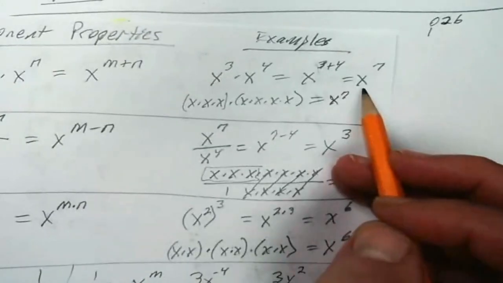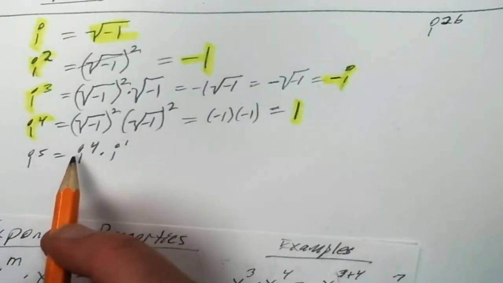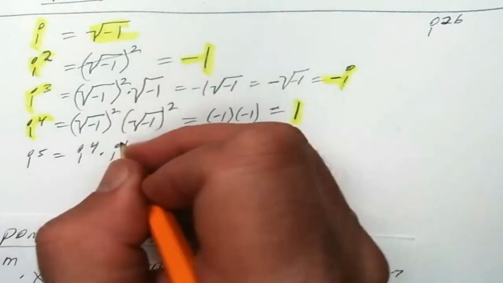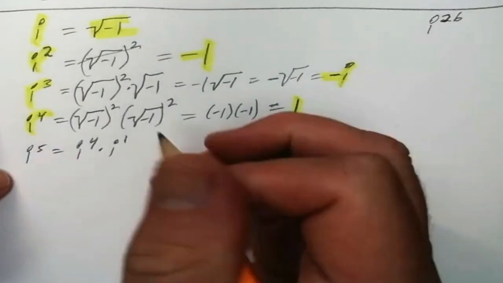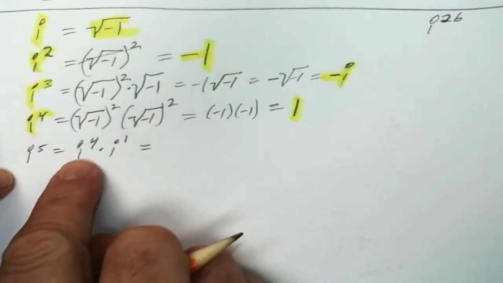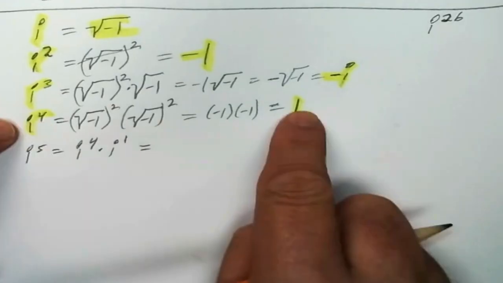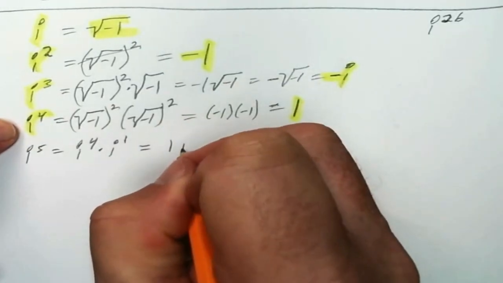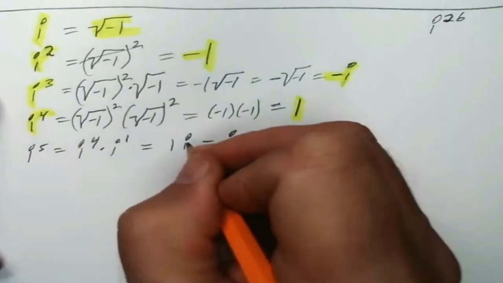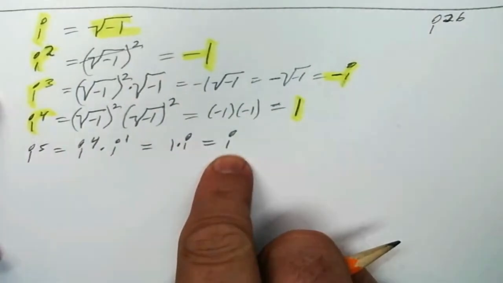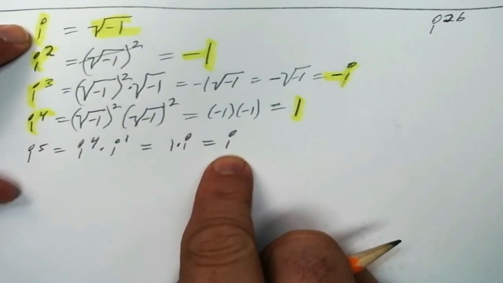Like x to the seventh is the same as x to the 3 plus 4. So x to the 5 is the same as 4 plus 1. We can break these back apart as 4 plus 1. And we know what i to the fourth is. i to the fourth is 1. So this is 1 times i, or just i. Wait a minute. That's just the square root of negative 1.